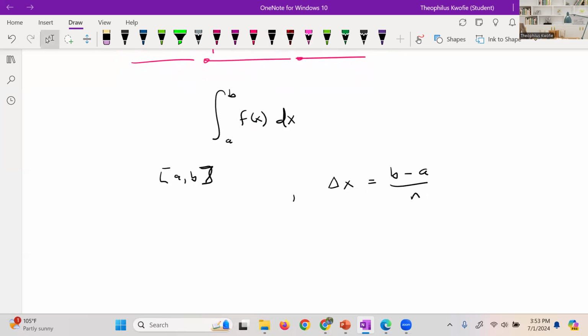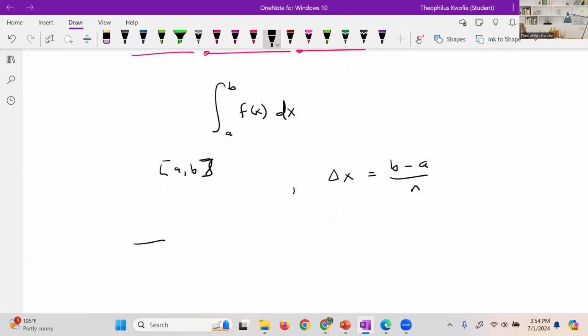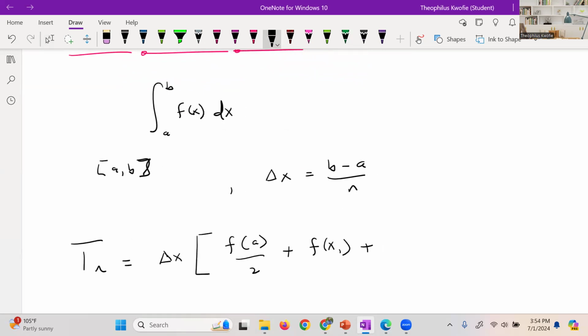Now, what is the formula for the trapezoidal rule? The formula is delta multiplying, first we evaluate the function at the first point, which is a, then we divide it by 2, then we also evaluate it at the other points as well.